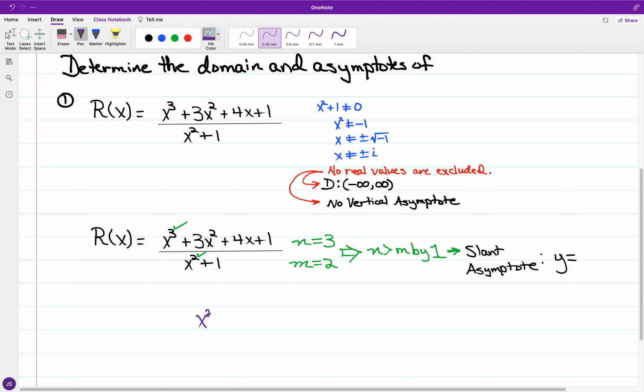So in these steps I have x squared, and just for placeholder purposes, I'm going to throw in 0x. And for what we have in the dividend, we have x cubed plus 3x squared plus 4x plus 1.